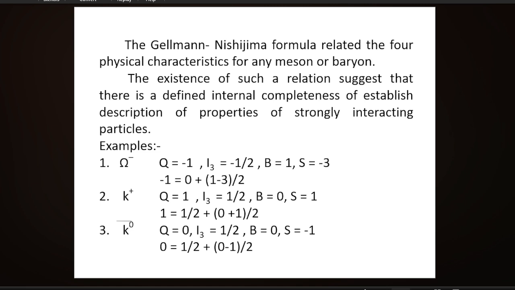The existence of such a relation suggests that there is a defined internal completeness of the established description of properties of strongly interacting particles. For example, for omega minus, we have the values, we can calculate charge as well as I. Similarly for kaons.